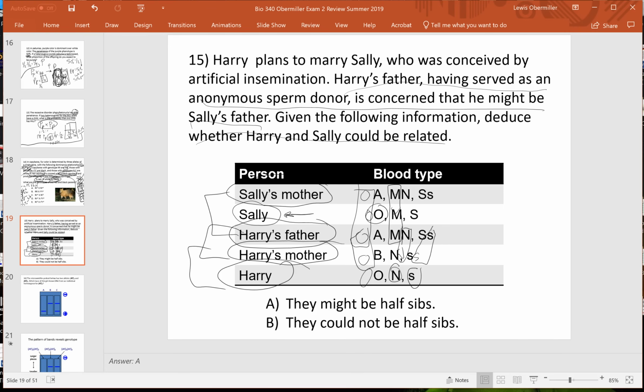And then the question is, can two heterozygotes for S have a big S kid? And the answer is yes. So the answer to this is yeah. Harry's father could be the father of not only Harry but Sally, so they could be related to each other based on this information. So the answer is A. They could be half siblings.